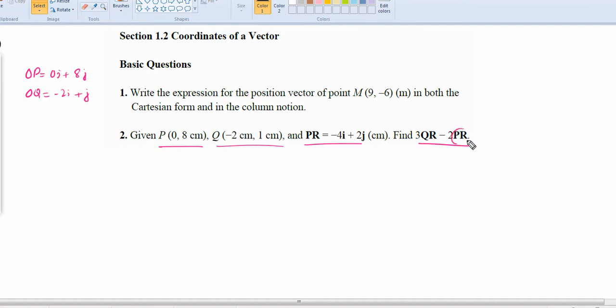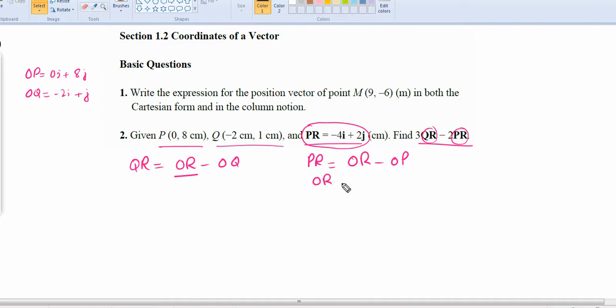So in this expression we have PR available, but we do not have QR. So in order to work out QR, I'll do it here. QR is basically equal to OR minus OQ, and we do not have OR, so we'll try to work out OR from this vector PR. This vector PR is basically equal to OR minus OP.